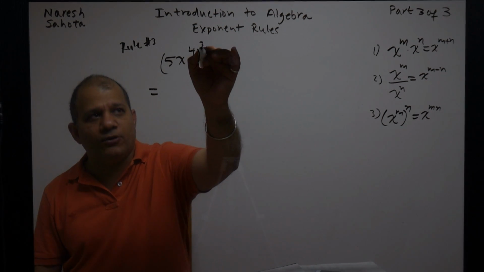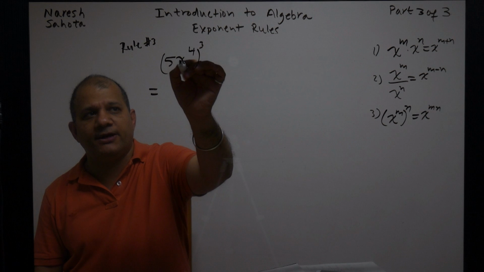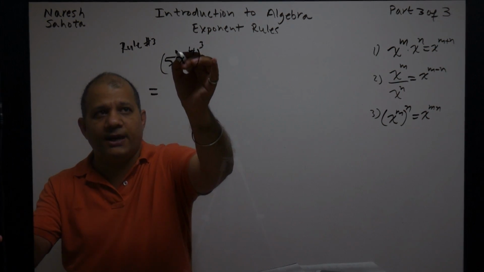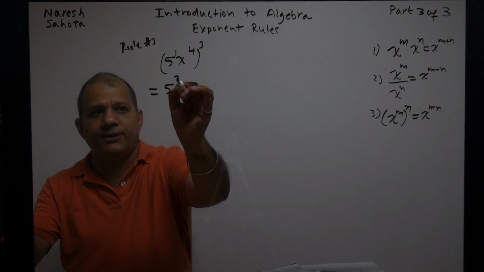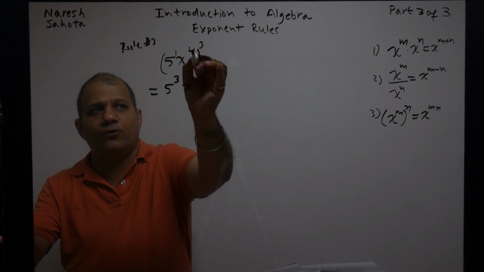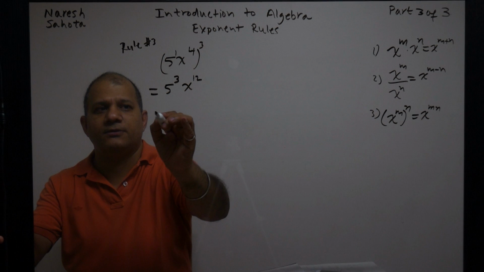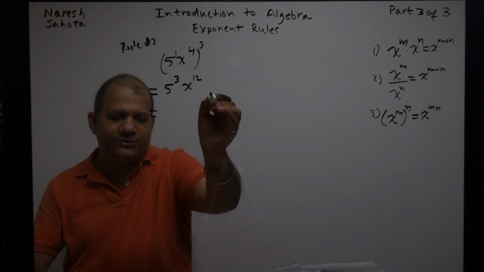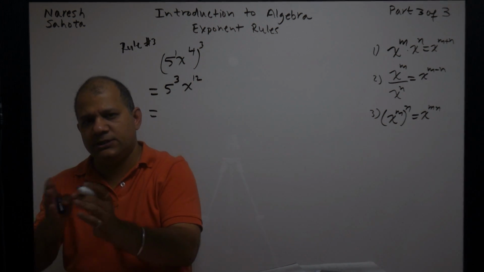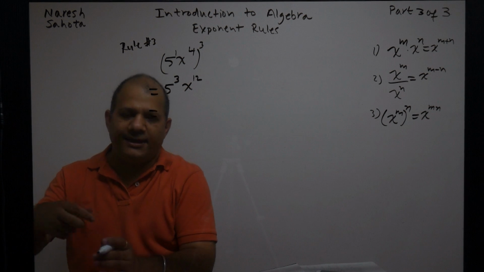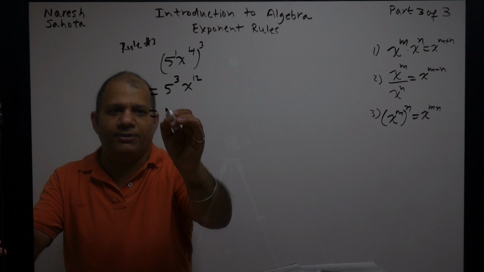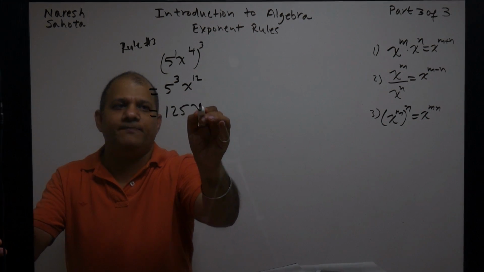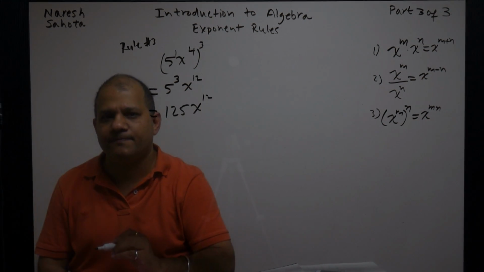Again, the exponent of 3 applies to each and every base inside the bracket. 5 has an exponent of 1, so 1 times 3 is 3. And then x to the 4 times 3 is 12. Now you could leave the answer here, but remember we said in the earlier tutorials that you're expected to know what 5 to the 3 is, so 125x to the 12.